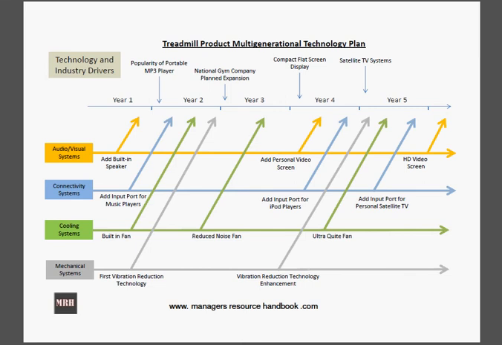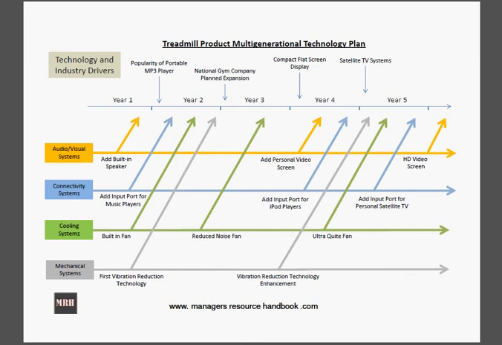There's the flat screen displays, there's satellite TV systems. So there could be a lot of different things in here for your type of products. But essentially, this is stuff happening outside of your company and outside of your immediate business that you want to either react to or accommodate and plan for.